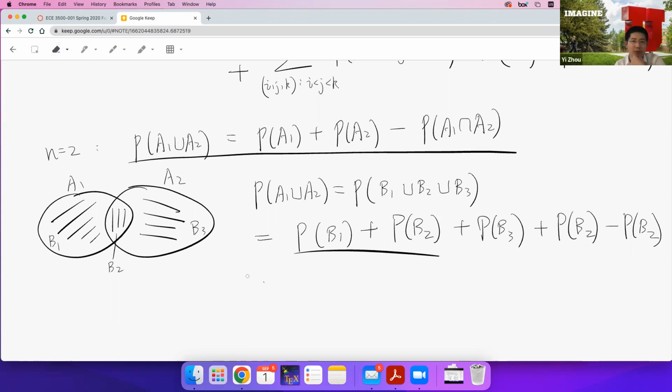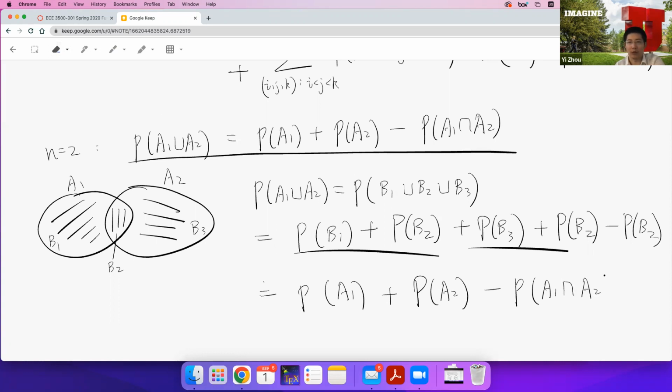Now, B1 plus B2 is exactly A1 because they are disjoint. Right? And B2 plus B3 is exactly A2. And minus B2. B2 is exactly A1 intersect A2. Okay. Again, we are always utilizing the mutually exclusive structure of sets.